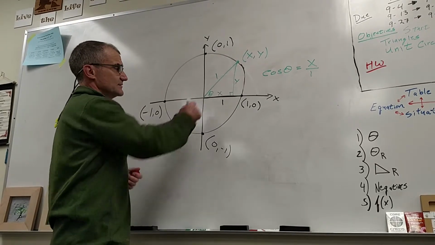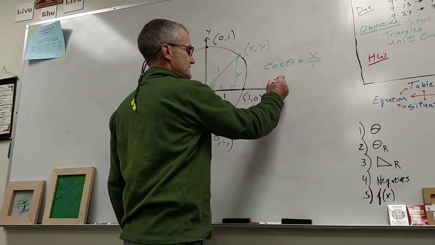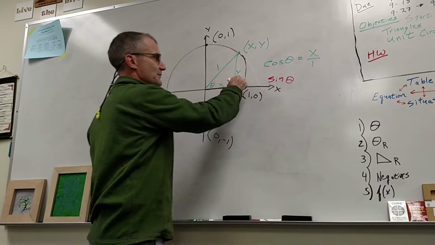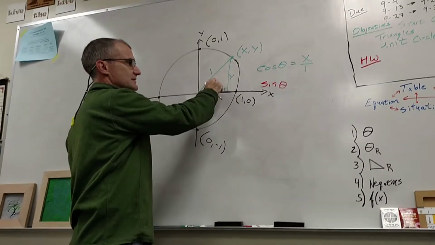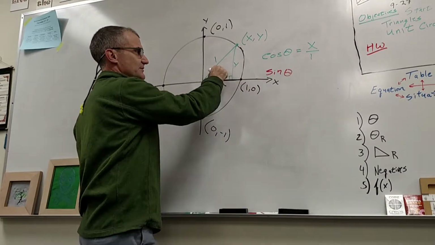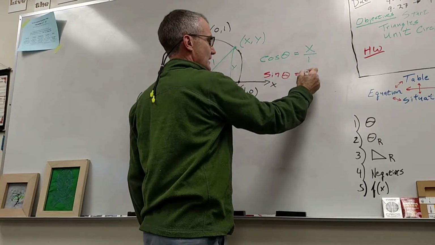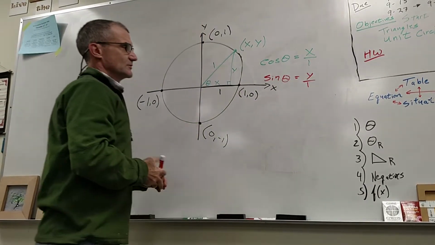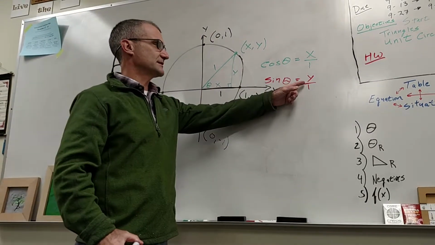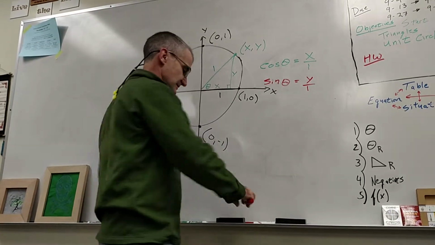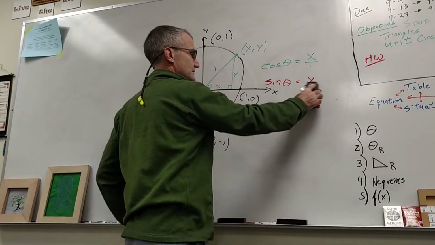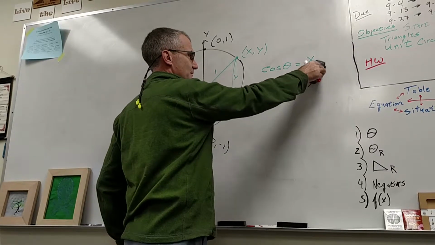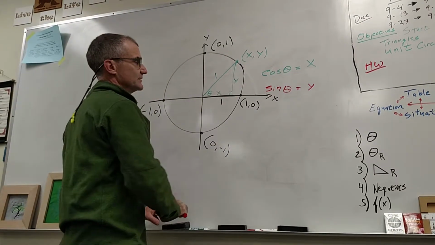Additionally, sine of theta would equal the opposite over the hypotenuse. Right? Sine is opposite over hypotenuse, so this would be y over 1. Or sine of theta and y are the same. Cosine of theta and x are the same. So I could just get rid of those, right? Dividing by 1 doesn't change the value.